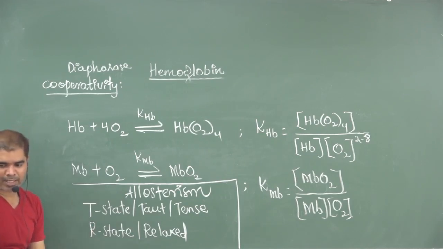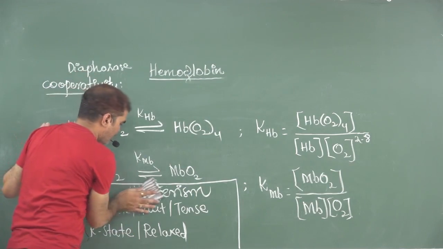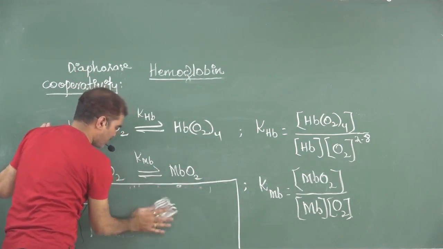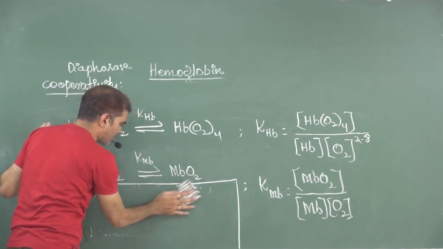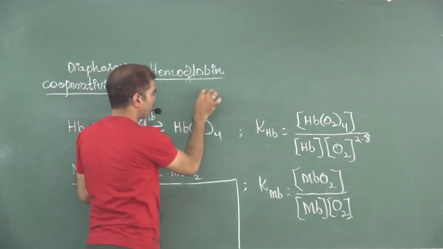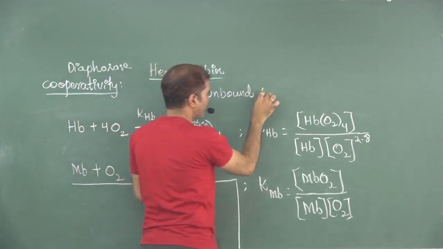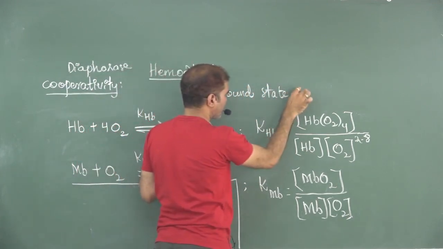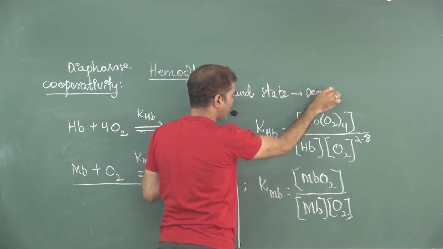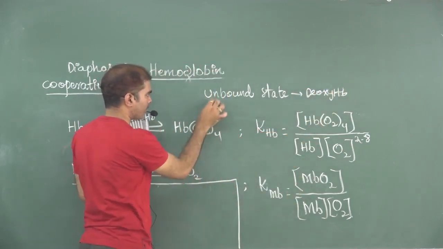Taut and relaxed, T and R. Next, T state is called the unbound state. This is deoxy-HB.